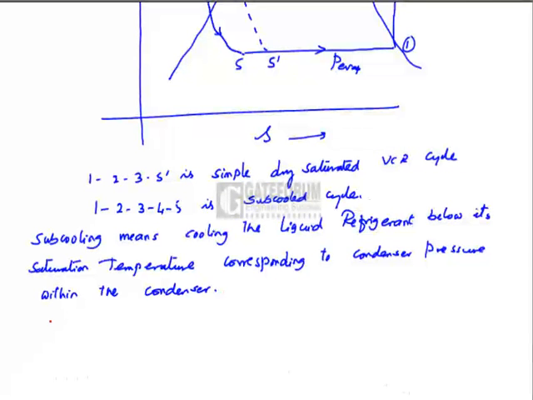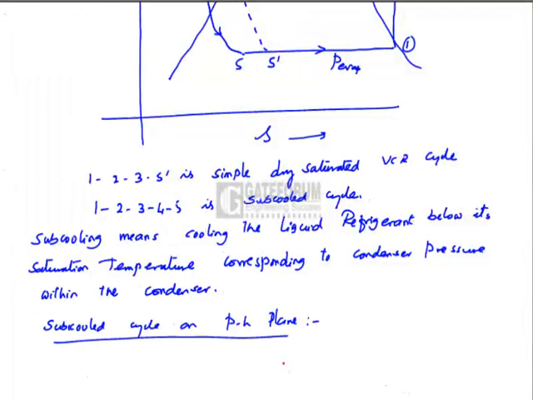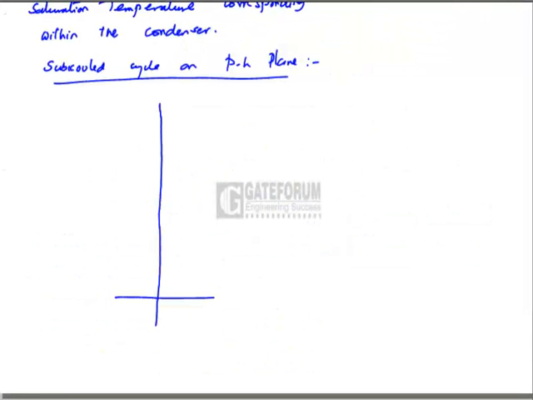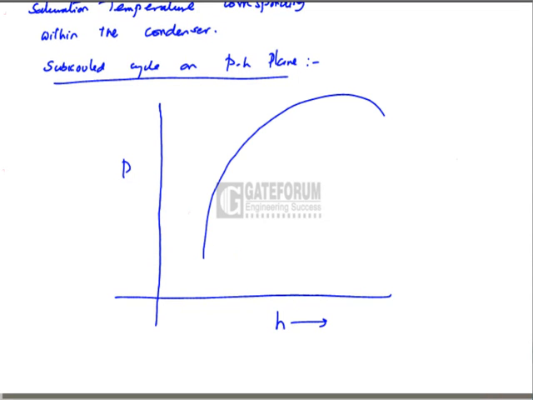Now the subcooled cycle on the pH plane also we can indicate. This is simple dry saturated.